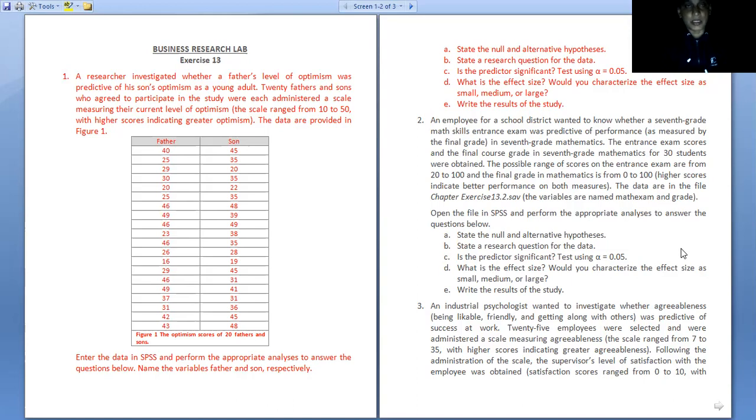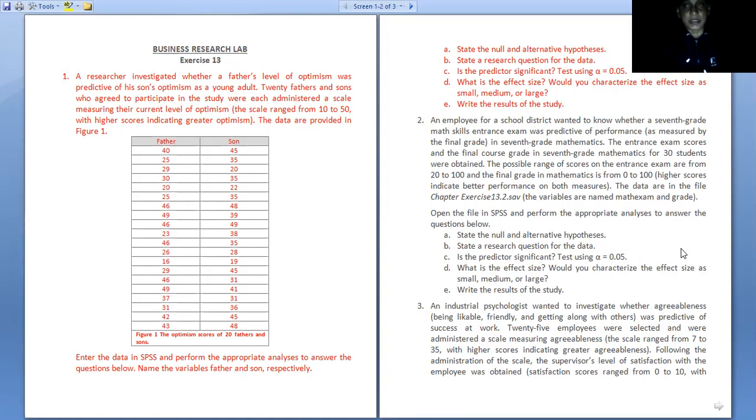If you look at the question again, a researcher investigated whether the father's level of optimism was predictive of his son's optimism as a young adult. So we are saying that if the father was optimistic, is the optimism he has good enough to predict the optimism level of his son?